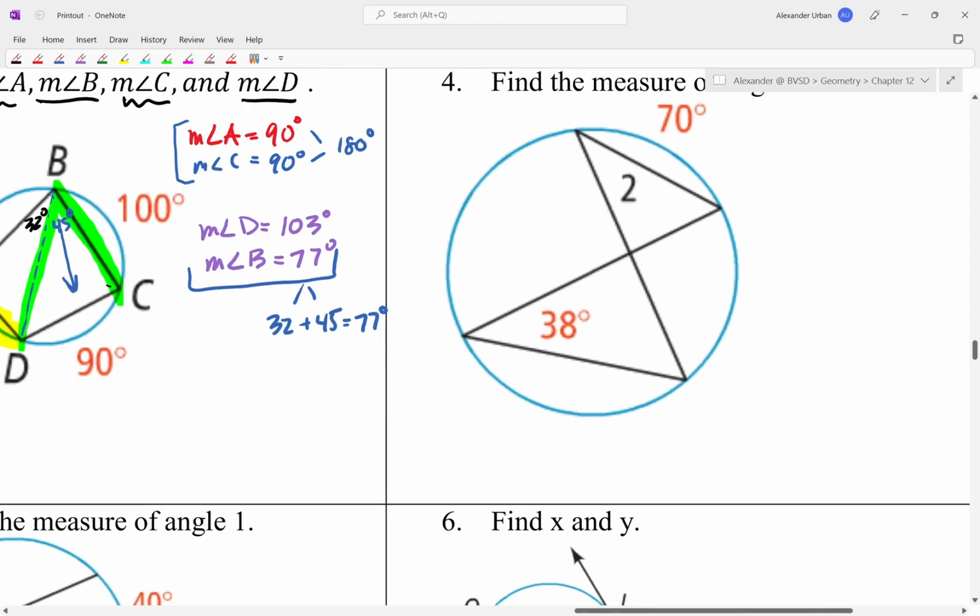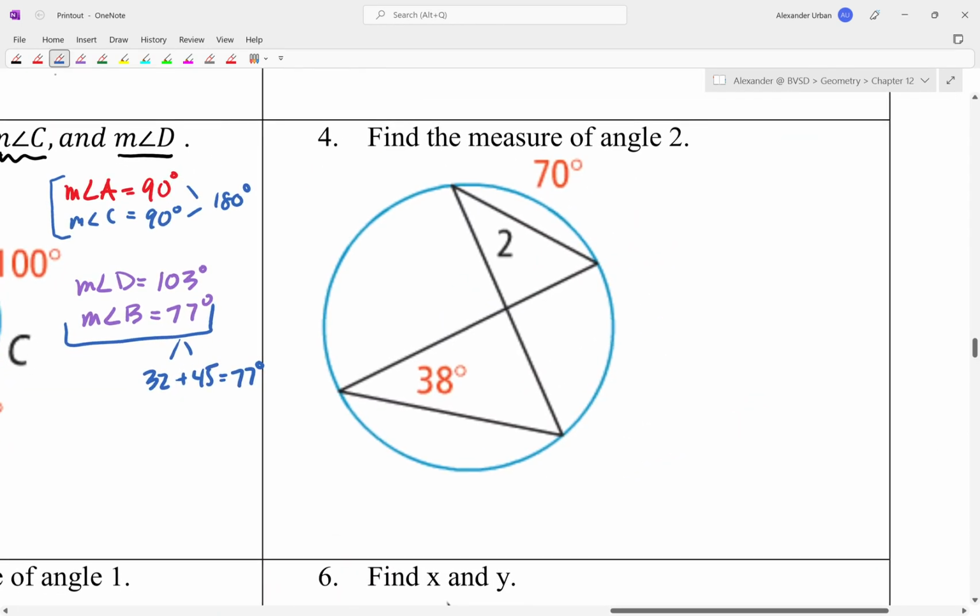Okay, this number 4 is a little bit of a trick. I'm going to highlight some stuff for you guys. This 38 degrees has an arc right here. So this 38 degrees, and I'm going to highlight it, this is 38 degrees.